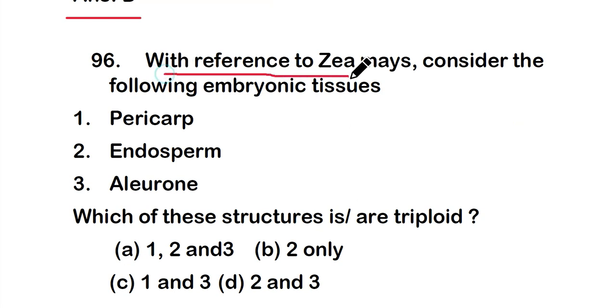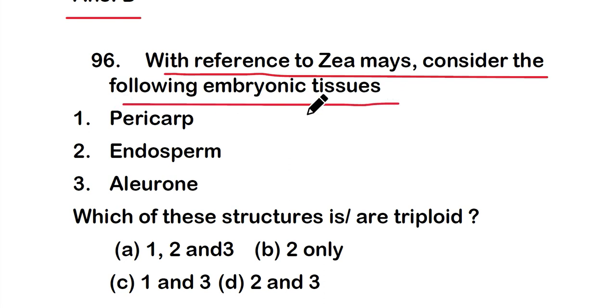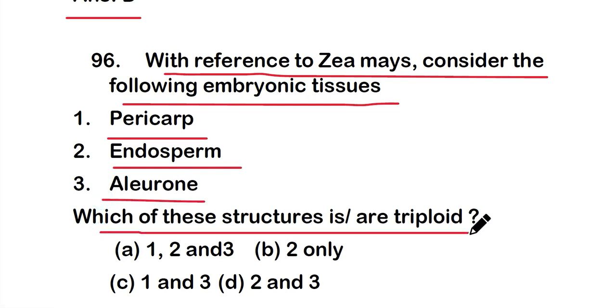Okay, next one is question number 96. So, with reference to grains, consider the following embryonic tissues. Option 1, pericarp. Option 2, endosperm. Option 3, that is aleurone. So, which of these structures is or are triploid? And the options are option A, 1, 2, 3, all. Option B, 2 only. Option C, 1 and 3. And option D, 2 and 3.